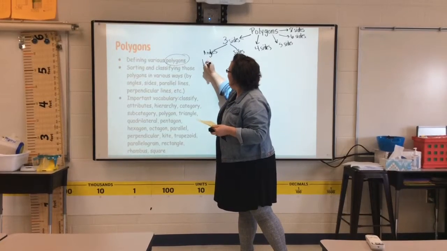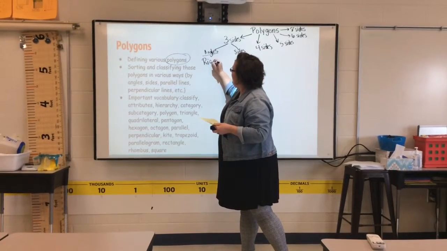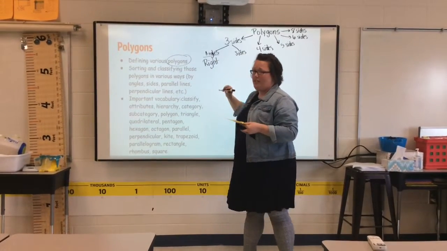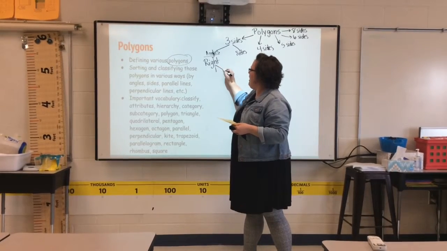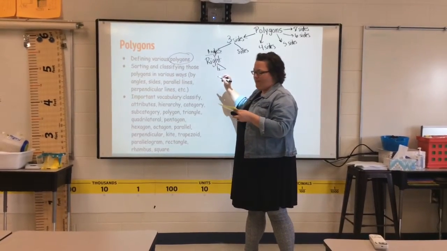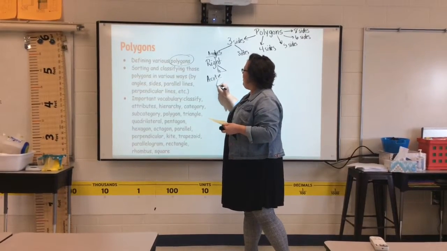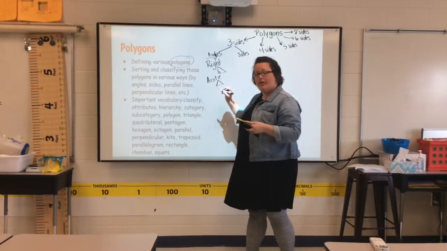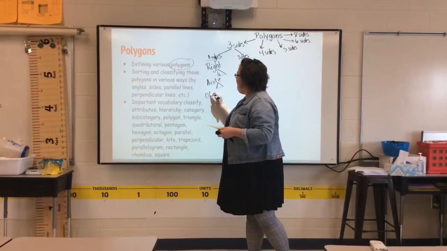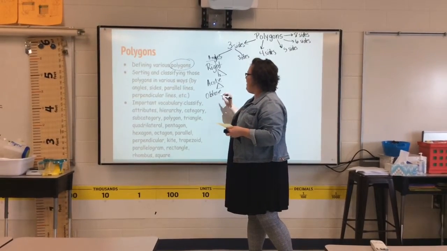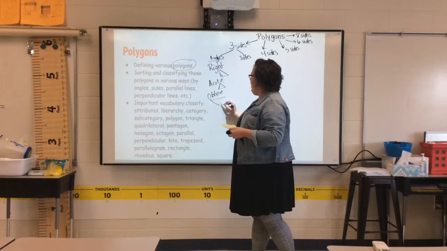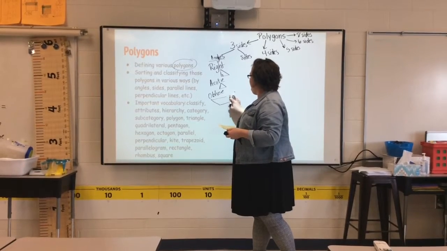You could have a right triangle, so that's something they'll need to know. That means it's got at least 1 right angle. You could have an acute triangle, and that's where all angles are acute, and then you can also have an obtuse triangle, and that's where you have at least 1 obtuse angle.